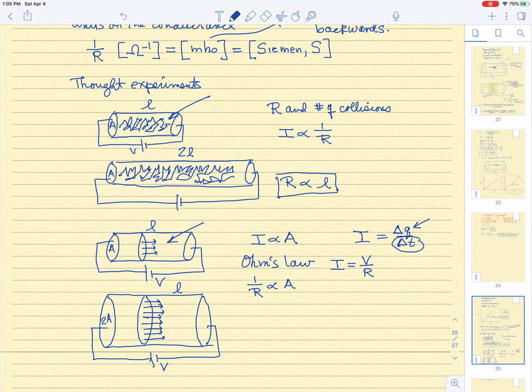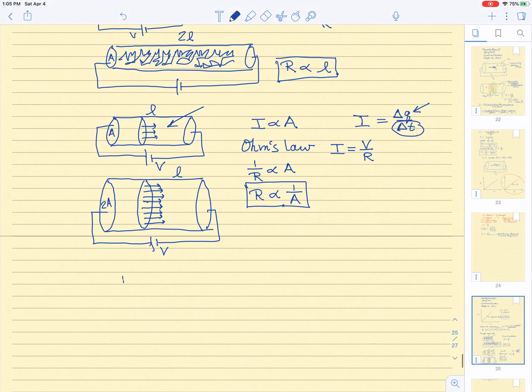And so the resistance then is going to be proportional to 1 over the area. Okay? And so that's worth a box. So what we have here now is that the resistance is going to be proportional to the length and inversely proportional to the area. Now to make this an equality, I need a multiplicative constant.